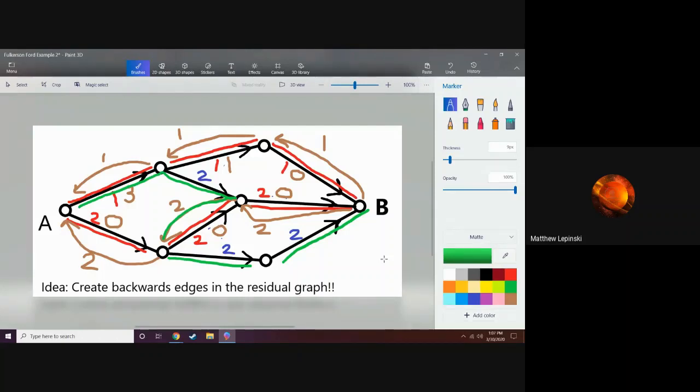So I'm not at the end of the day just finding one path. My red flow should be a bunch of paths that make the best possible use of the capacity that I have.